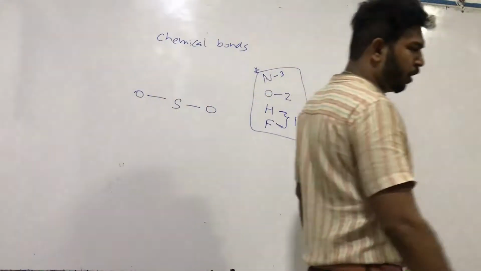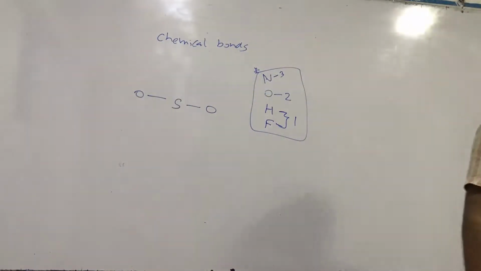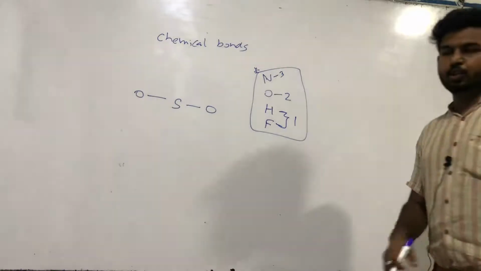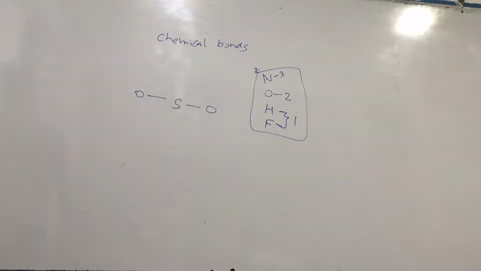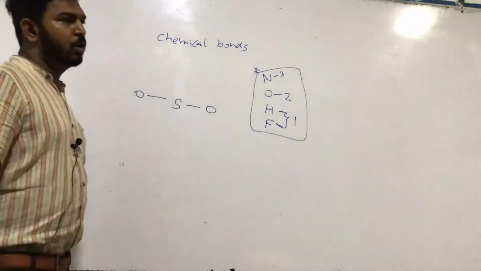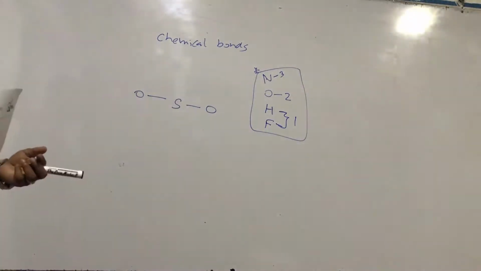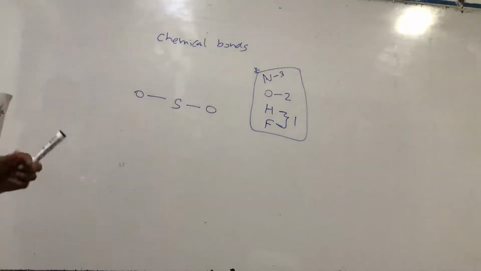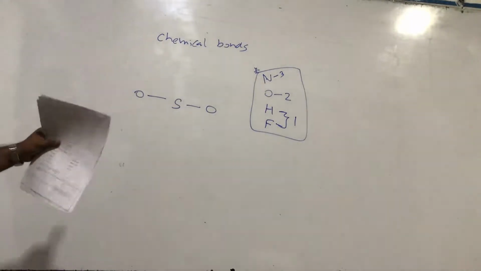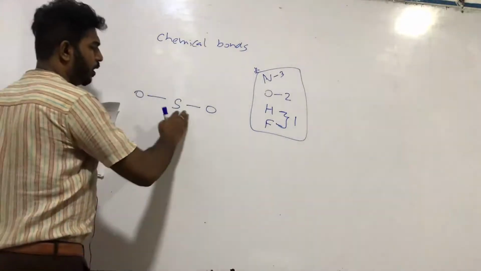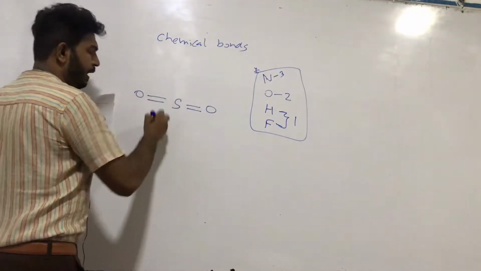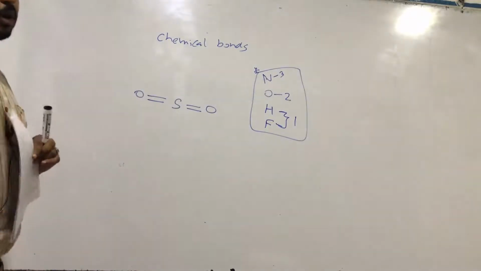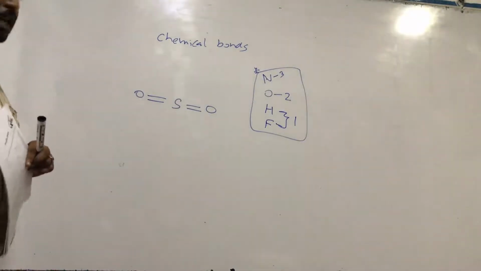But now we know oxygen should contain 2 bonds, so we have to complete 2 bonds for each oxygen atom.